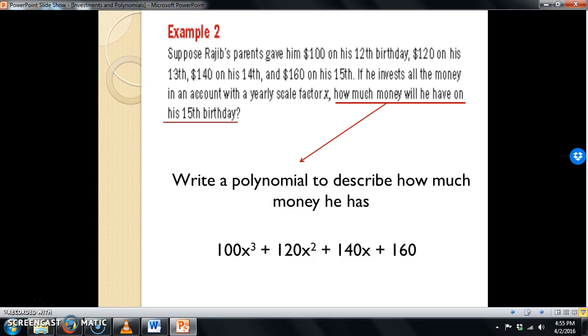The 14th birthday money got invested for 1 year. And the 15th birthday money, $160, hasn't been invested yet. Therefore, there is no scale factor attached to it. So we can represent it as a polynomial with a degree of 3. If the problem said 4%, we would put in for x 1.04 and calculate for a total.